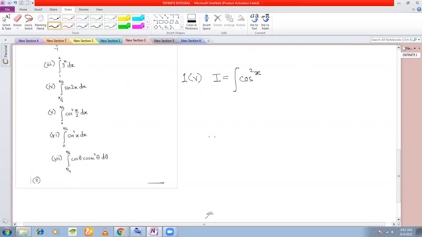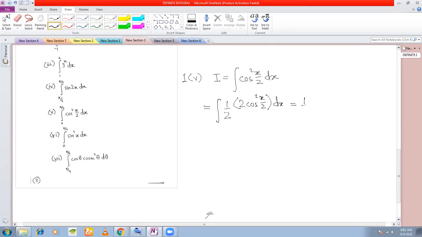Cos square x by 2 dx. How do you integrate this? If you remember, I told you whenever you see a square of a trigonometric function, try to convert it to a multiple angle. So you write this as integral half 2 cos square x by 2 dx.